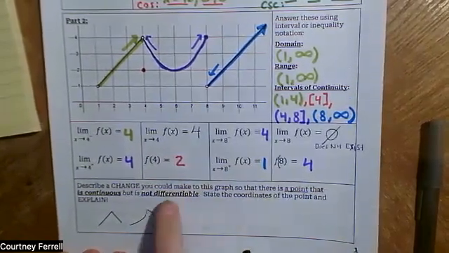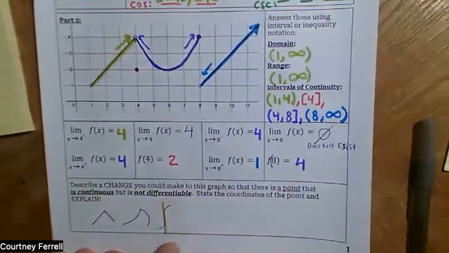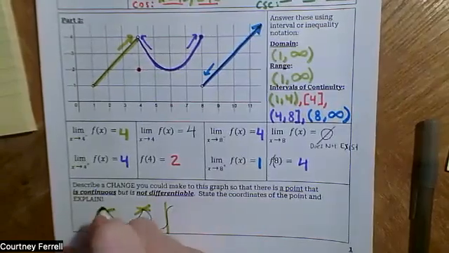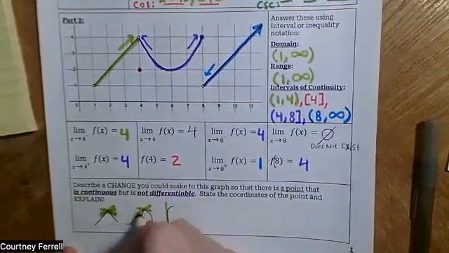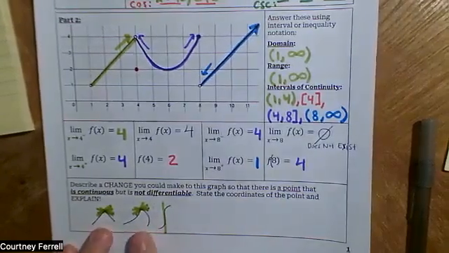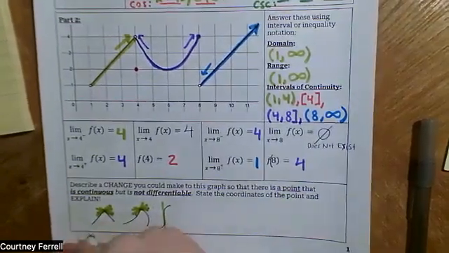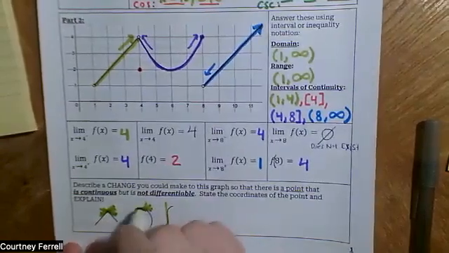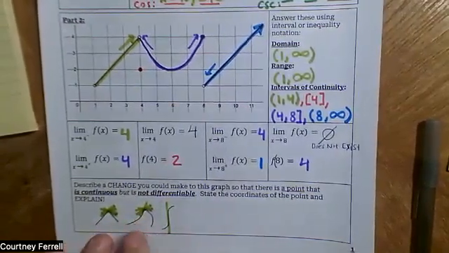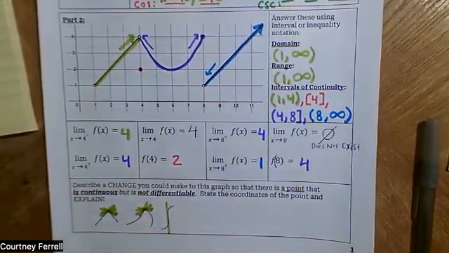So tangent line slope means derivative, so no derivative here. And then here and here, you have these situations where you can draw a million different tangent lines. So since you can't draw a unique tangent line, these would be continuous because you can draw them without lifting your marker, but they're not differentiable because you can't draw one tangent line. You can't figure out the slope of the tangent line.